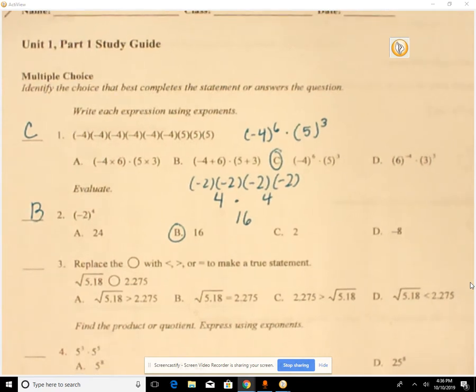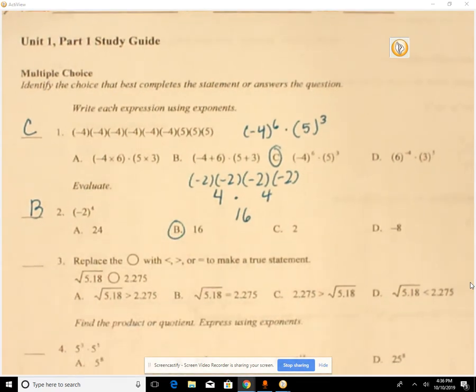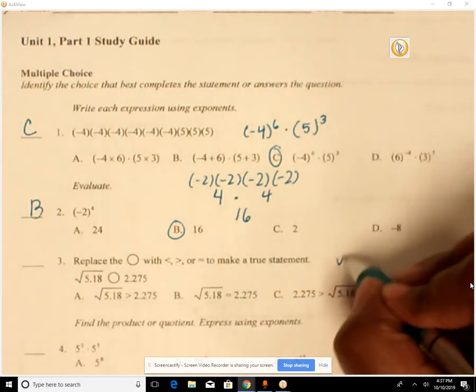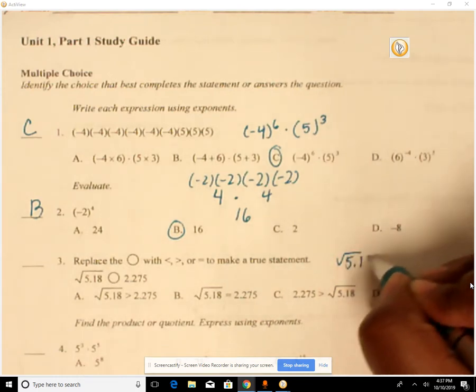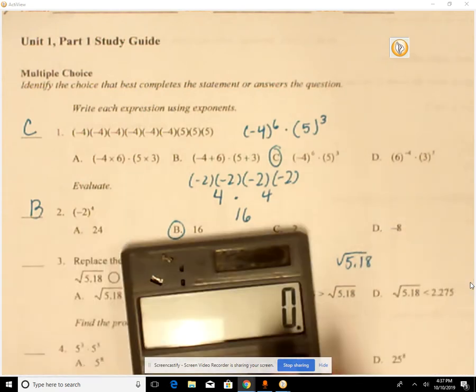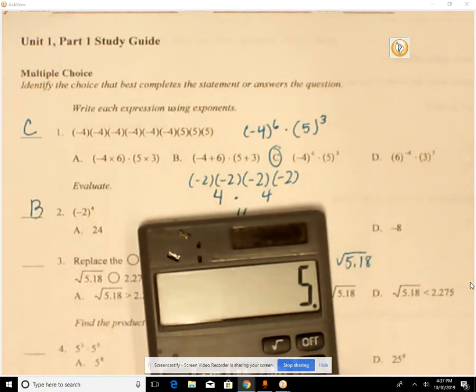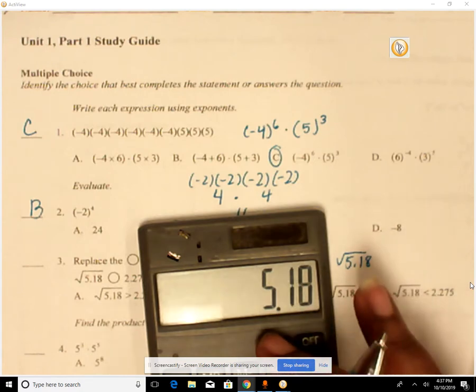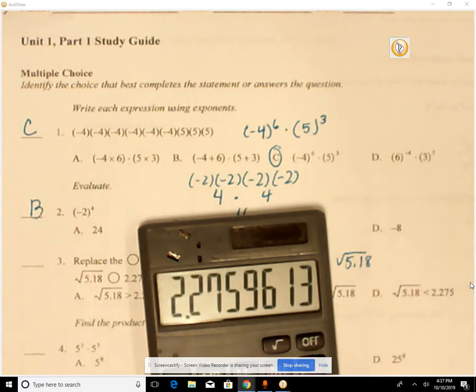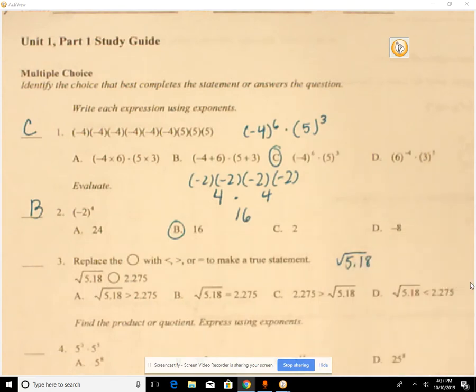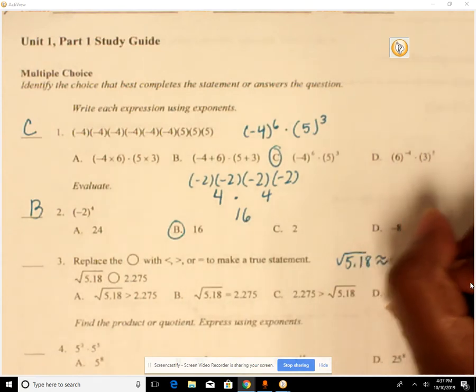If you need help there. So here it says replace the circle with less than, greater than, or equal to. And this one's a little tricky, so you had to make sure you did it correctly. So I went to my calculator and I put in 5.8 and then hit square root. You see that square root button? And I got 2.75, but it has a 9 if you saw.